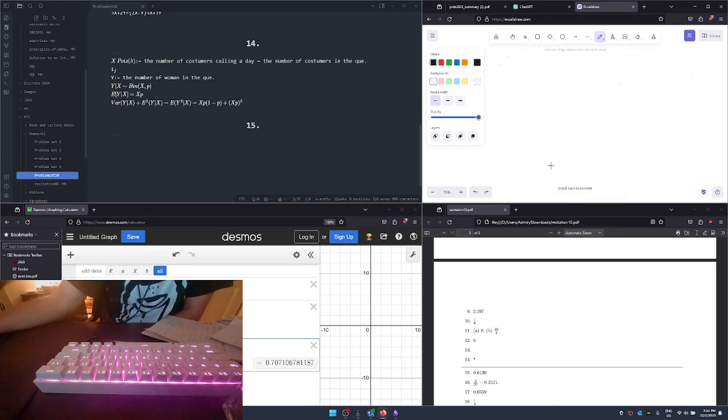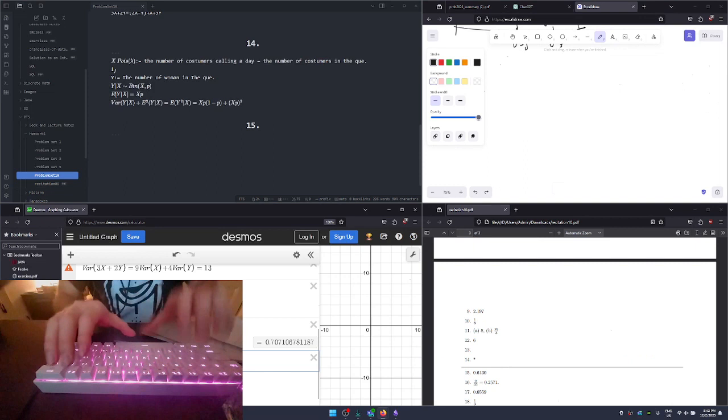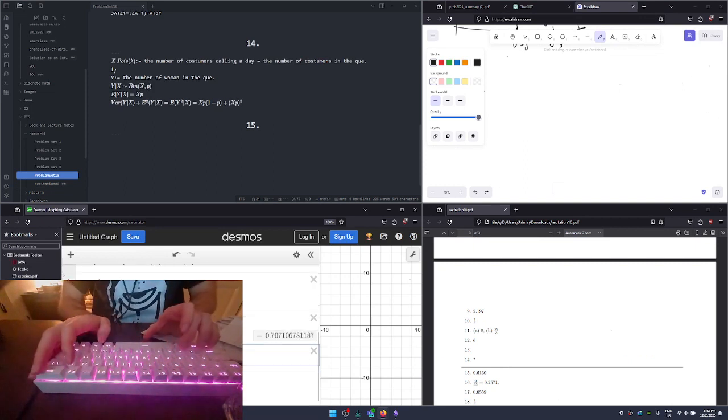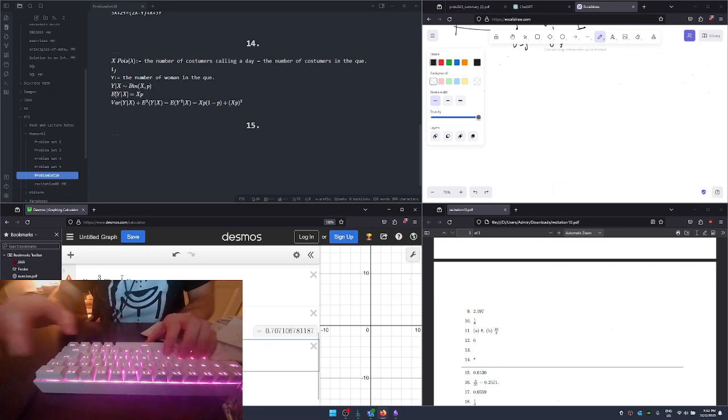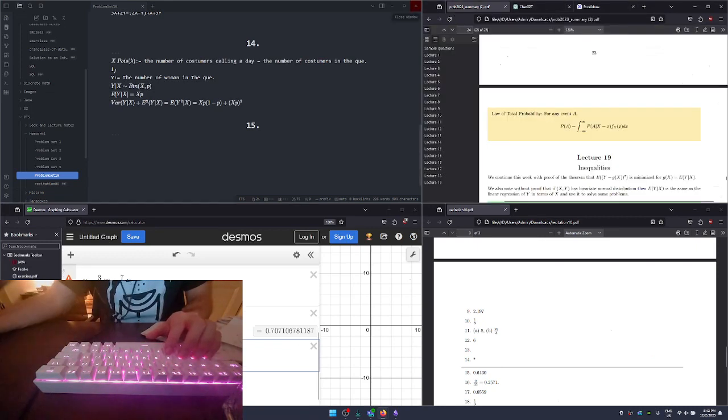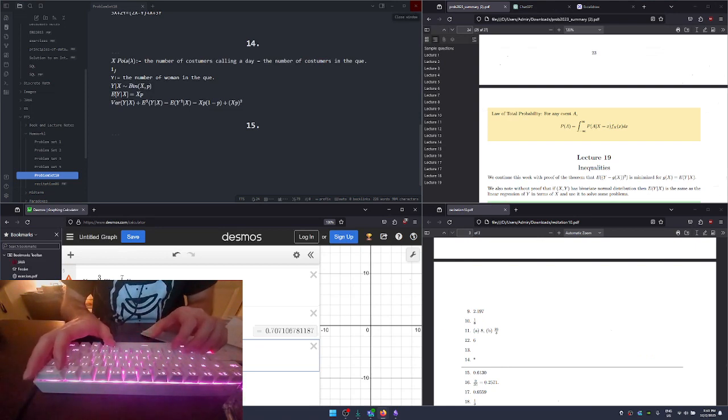It depends. Well, if you use the formula, then you have the probability of A, the probability of x less than or equal to 0.5, which is equal to the integral from minus infinity to infinity of the probability of A given y, because we are given y, right?